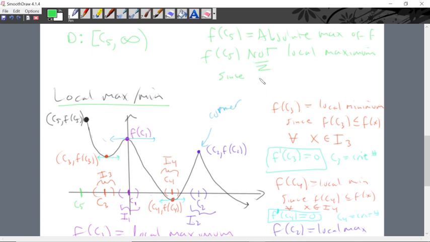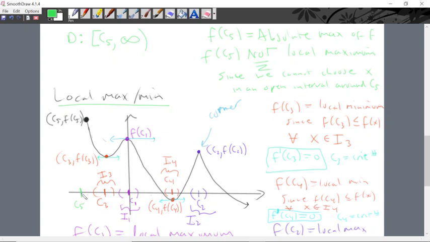Why? Because we cannot choose x within an interval where C5 is contained entirely within that interval. We cannot choose x in an open interval around C5, so it does not count as a local maximum.